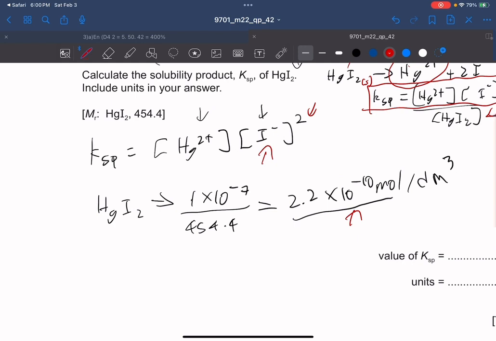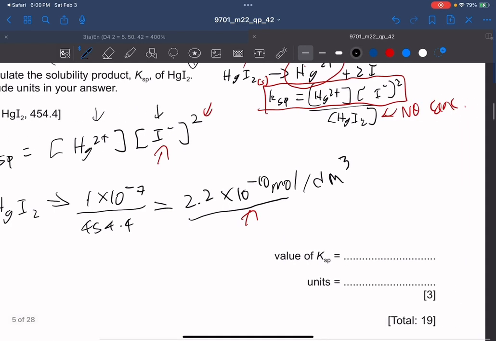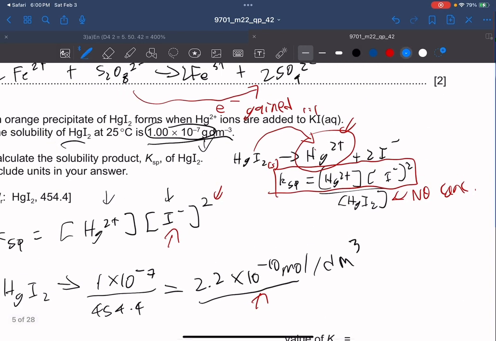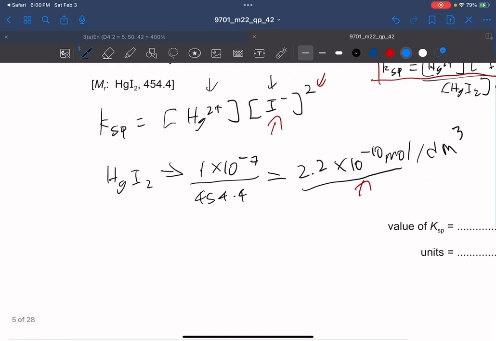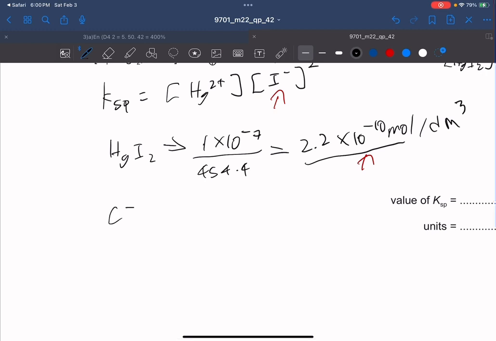We don't have that. But that's actually very easy to figure out, because from this equation, the concentration of I minus is double. So for every mole of Hg2 plus, you find 2 moles of I minus. So really, the concentration of I minus is just 2 times Hg2 plus.